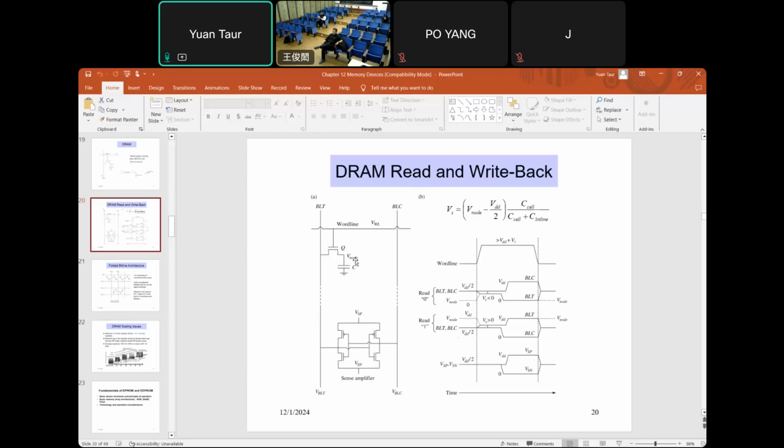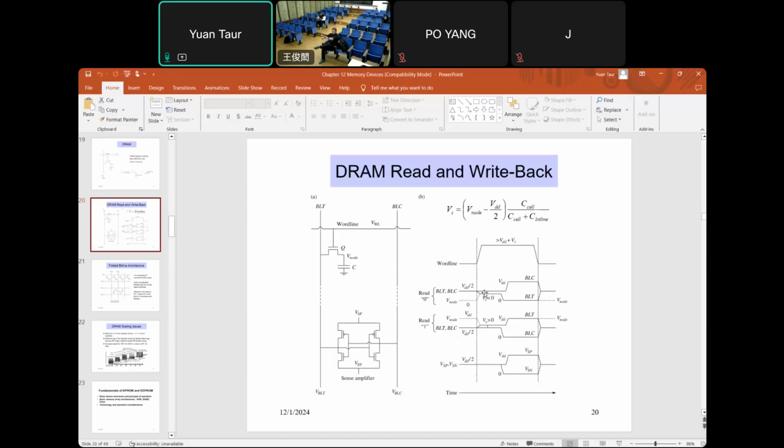So V node is ground. Okay. And both bit lines are pre-charged to VDD over 2. This is different from SRAM. In the SRAM case, the bit lines are pre-charged to VDD. In this case, both bit lines are pre-charged to VDD over 2, exactly half between 0 and VDD.